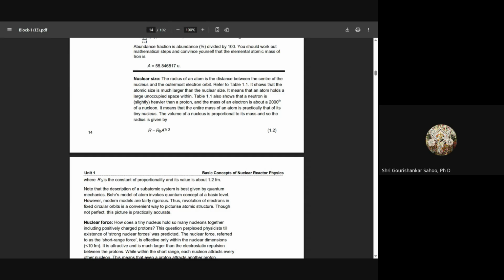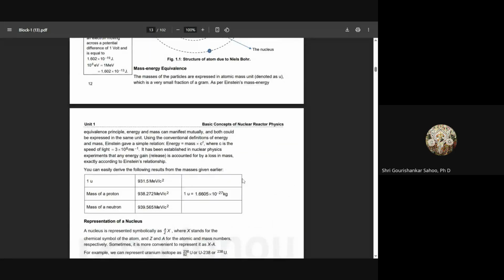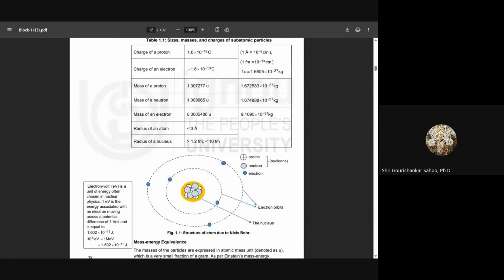That atomic size is much larger than the nuclear size. What will be the nuclear size? The radius of the nucleus is around 1.2 fm, but the radius of the atom is 3 angstrom.